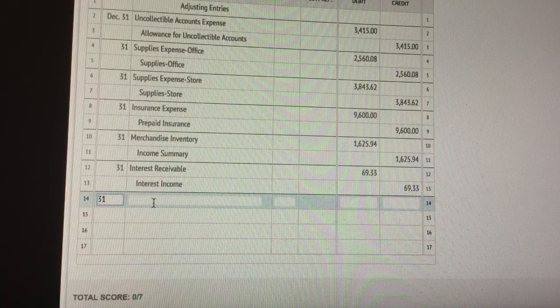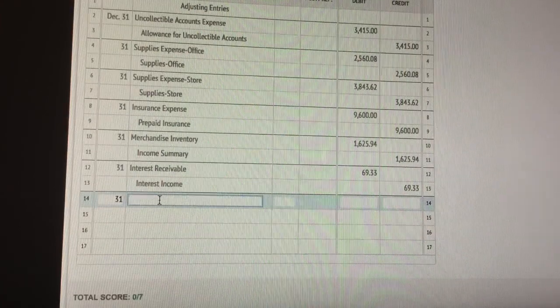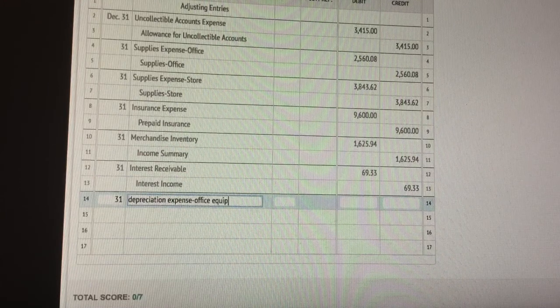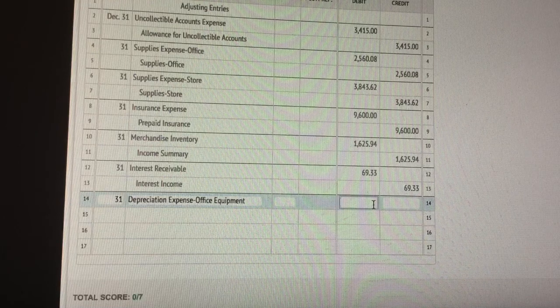The first entry is going to be for the 2150, and this is for our office equipment. So it's depreciation expense dash office equipment, and this is going to be for the full amount, 2150.